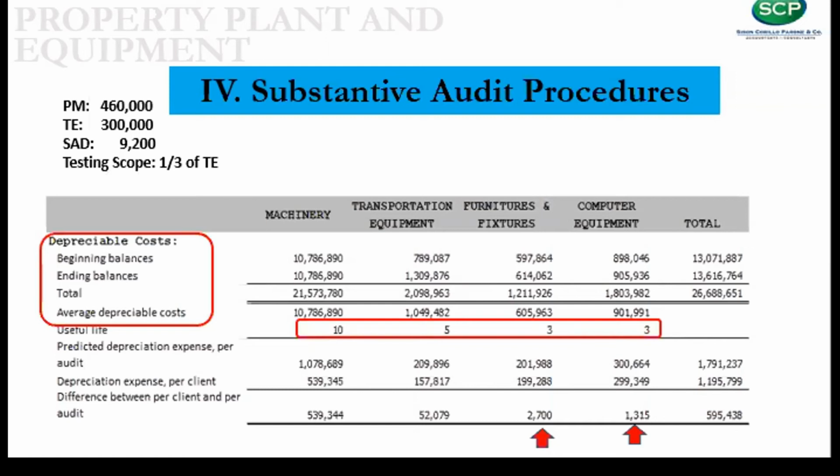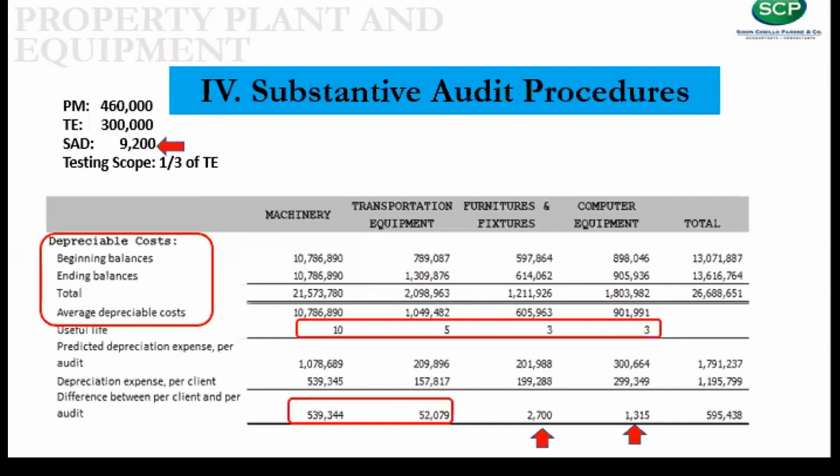However, such is not the case for machinery and equipment and transportation equipment. The depreciation for these two major fixed asset classifications showed significant variances.